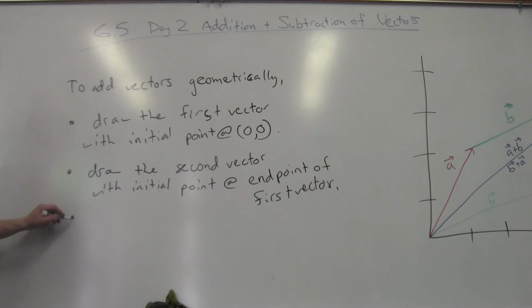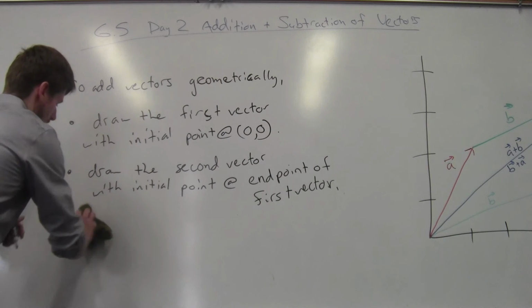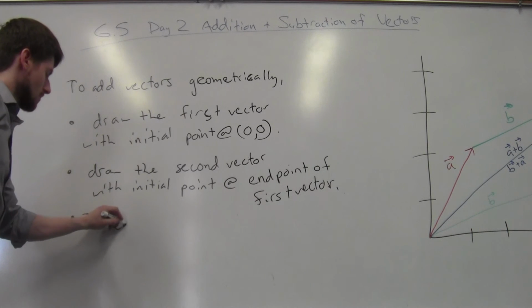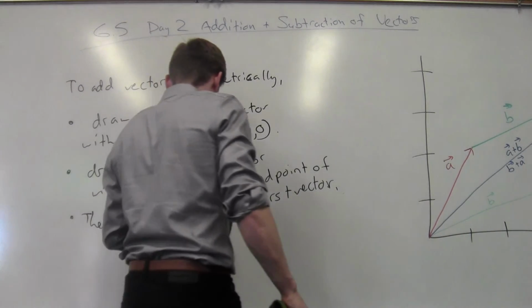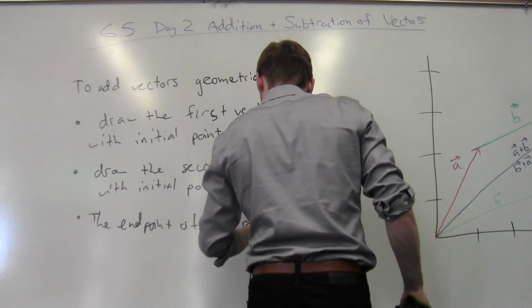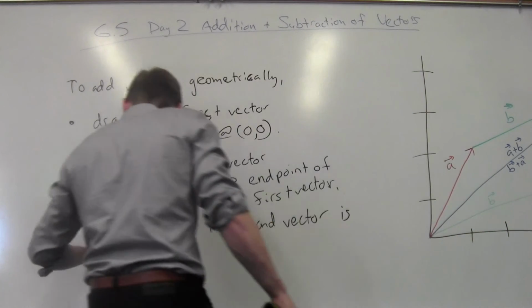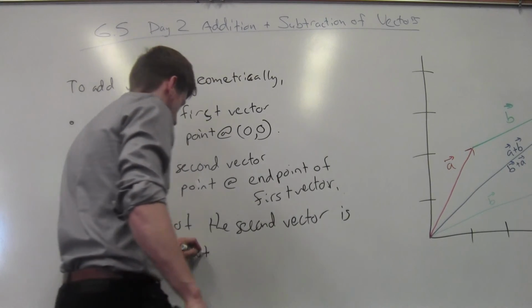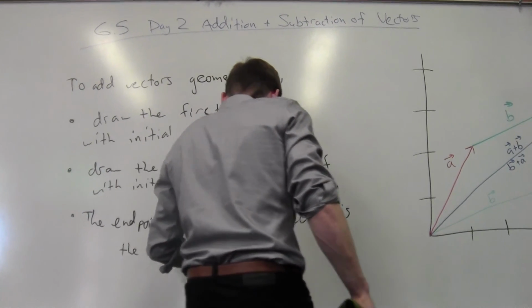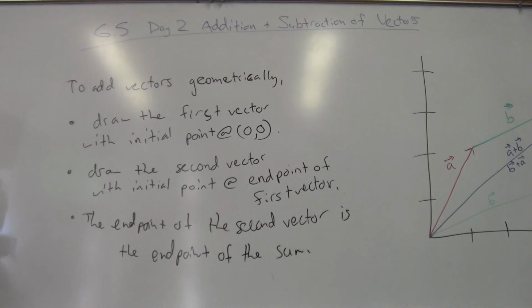And then the endpoint of the second vector is the endpoint of the sum. It's a lot of writing. Okay, I'll leave that up there for a second.